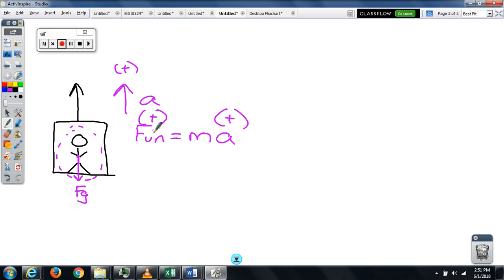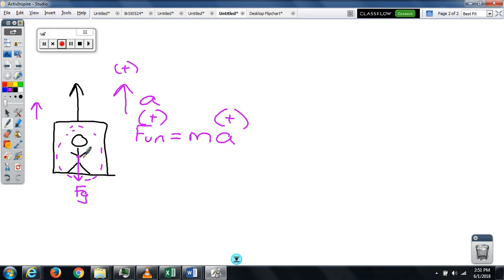So that means I need a net force that is upward to produce the acceleration. It wasn't enough to have a normal force that is the same size as Fg, because canceling Fg out means that there's no force left over to accelerate you inside the elevator.